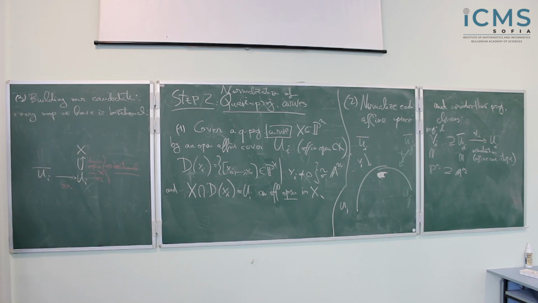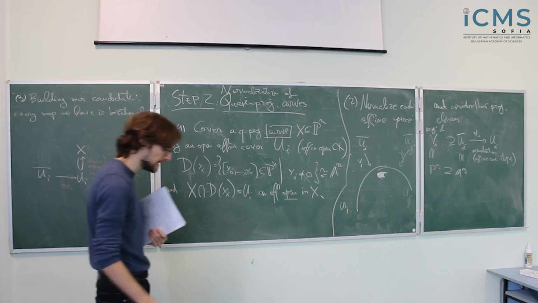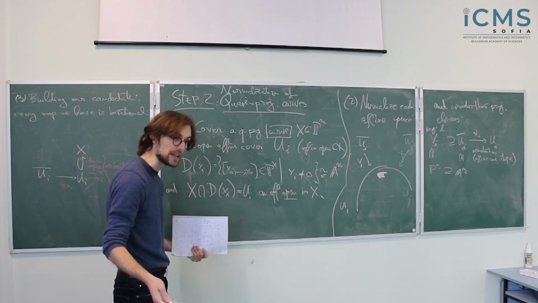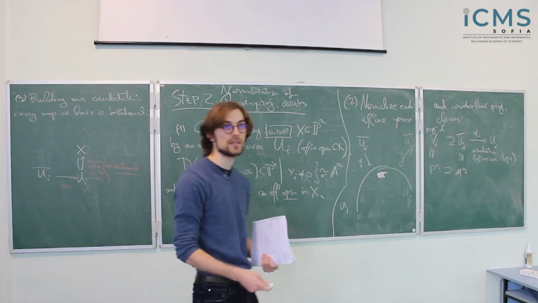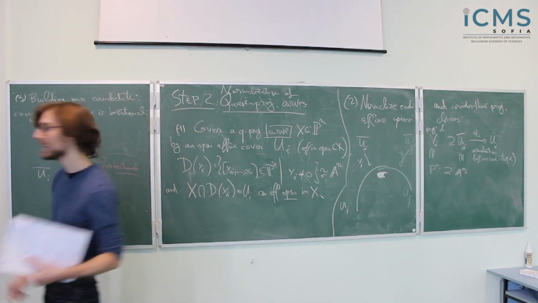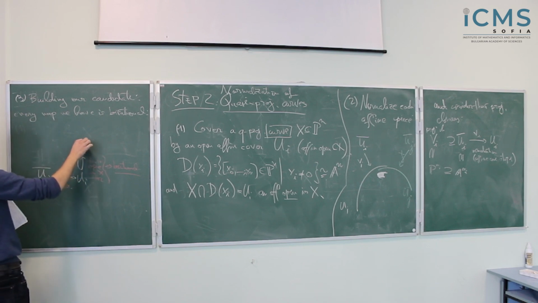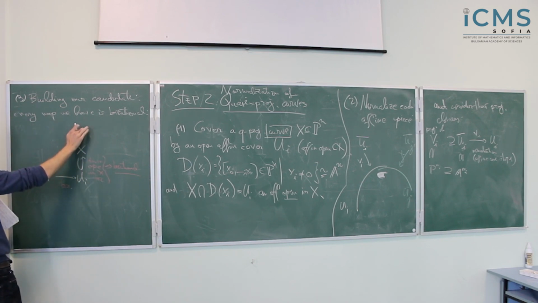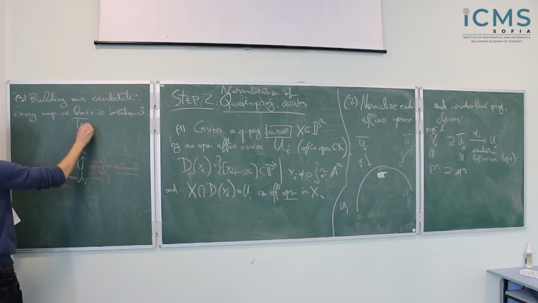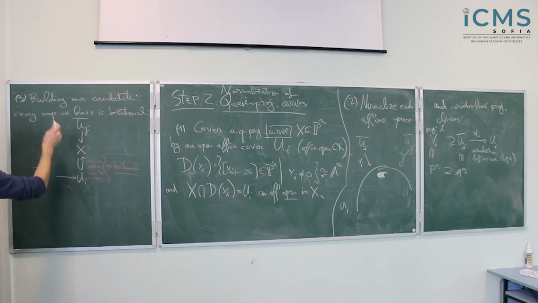But you can do the same with another one. So let's, for instance, consider another index J. So you have the affine chart, but I'll directly go to the normalization, UJ, and I can consider its projective closure.